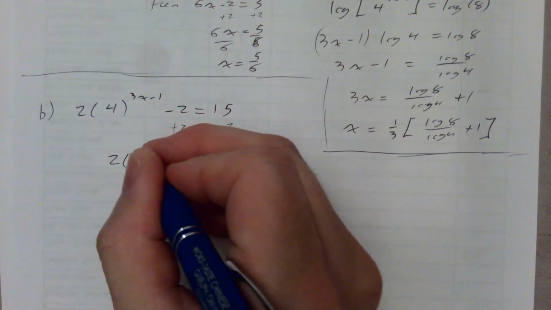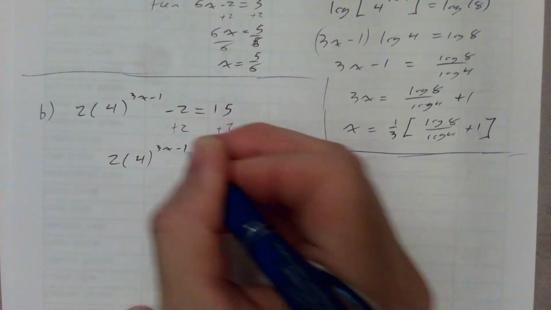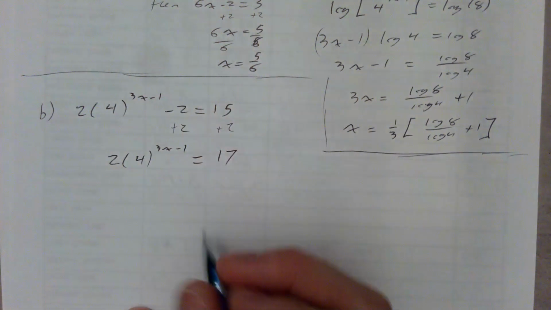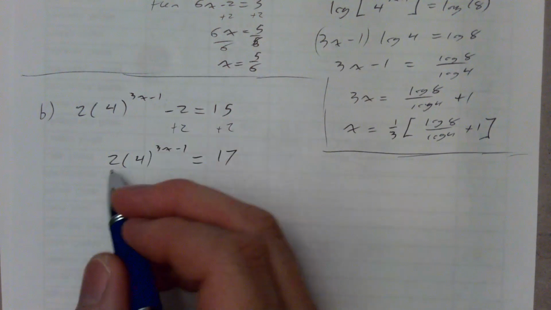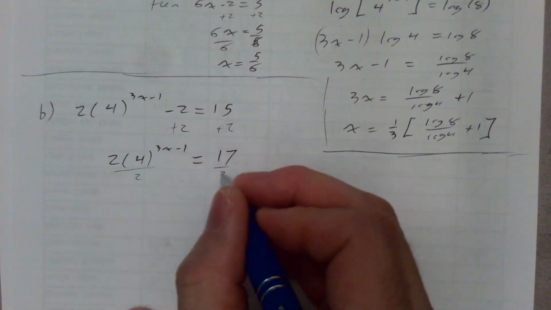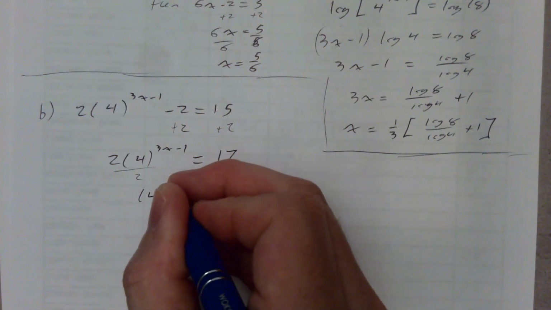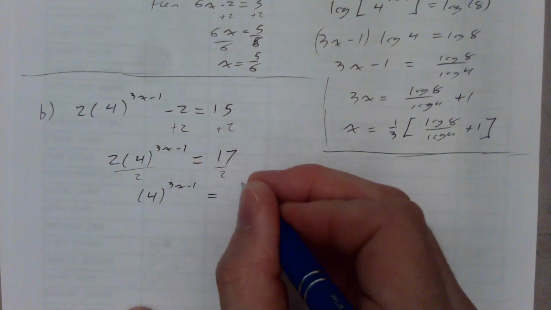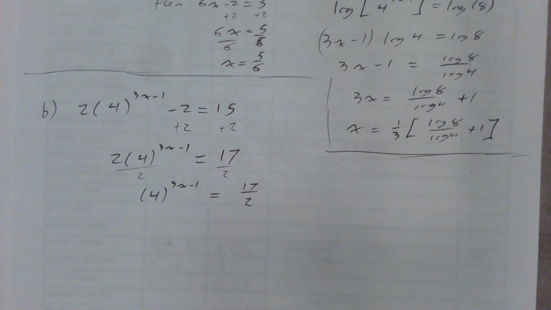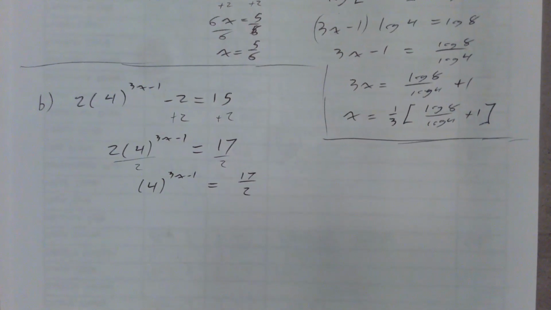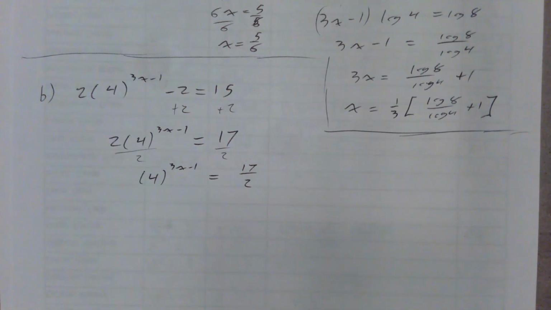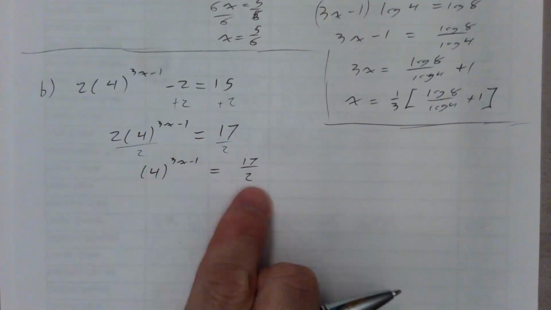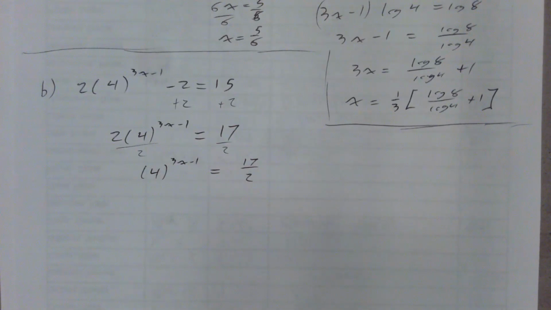Well, I still don't think I would start with logarithms because I'm seeing linear operations that I can undo. I can undo a subtraction of 2. I can undo a multiplication by 2. And everything is fine, just fine, until I get about here. And then I see, well, I can't use my grade 11 skills. I'm having a hard time writing both sides as a single power of a common base.